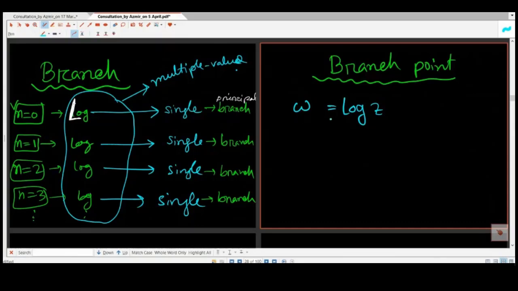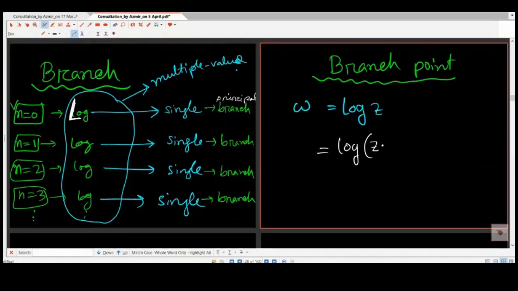We know this one. For this complex logarithm, if we need to find the branch point, we can think about another way.